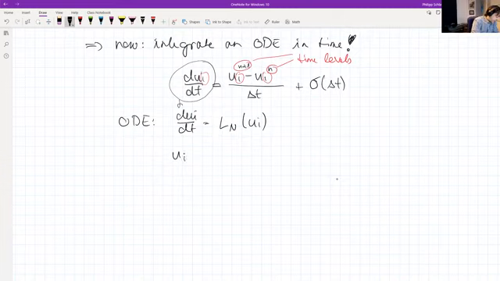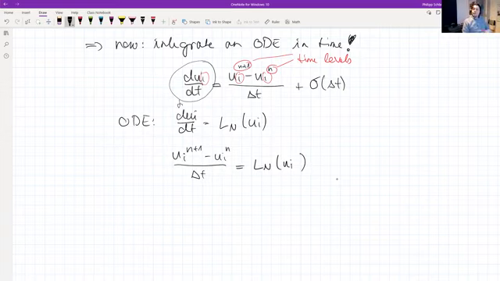I have ui n plus 1 minus uin divided by delta x, this is my time derivative, is L of ui. But now the question is, I need to know at what time level I actually evaluate this ui. Should that be at time level n, or at time level n plus 1?